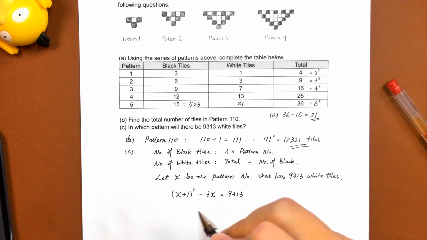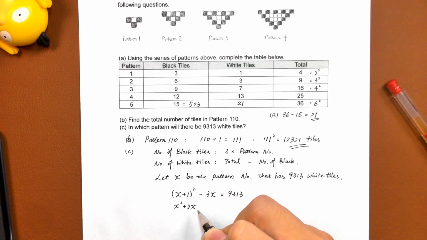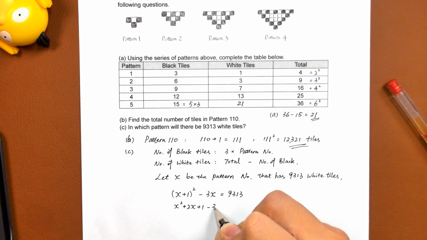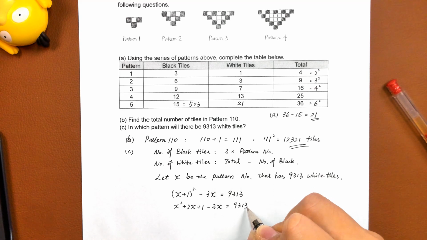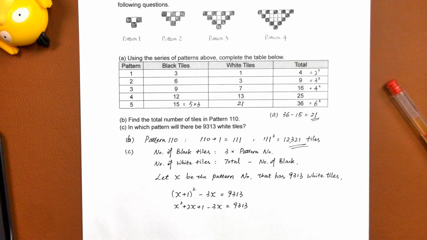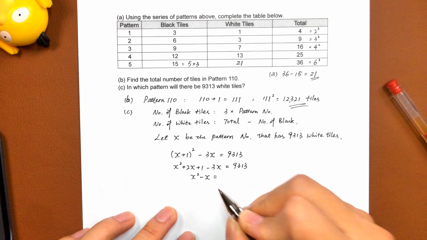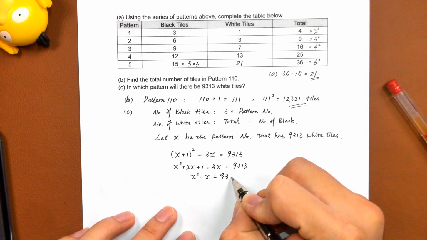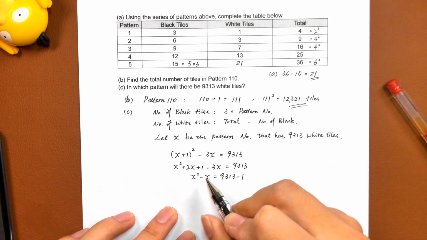Remove the bracket: x squared plus 2x plus 1 minus 3x equals 9313, and x squared minus x plus 1 equals 9313.